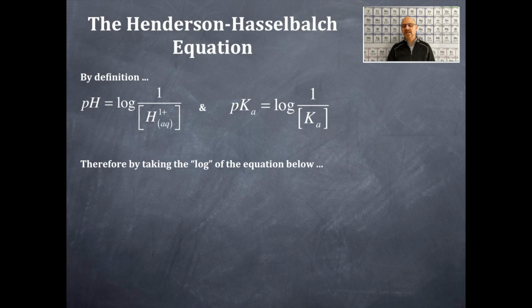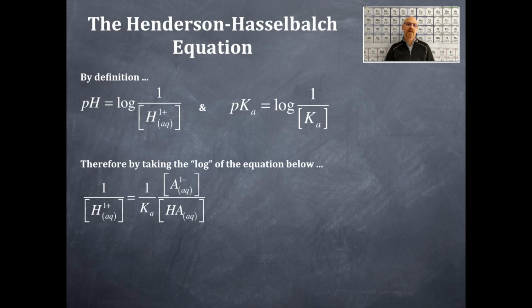Therefore, by taking the log of the equation below, the reciprocal of the hydrogen ion concentration that you derived a little bit ago, we take the log of both sides. So what do you get? pH is equal to pKa plus the log of the conjugate base of the acid divided by the weak acid itself.